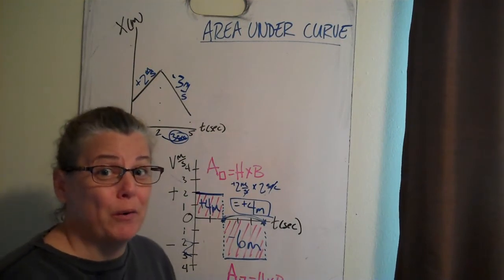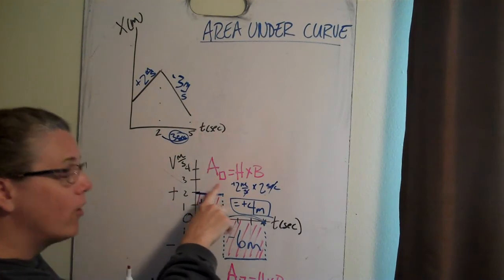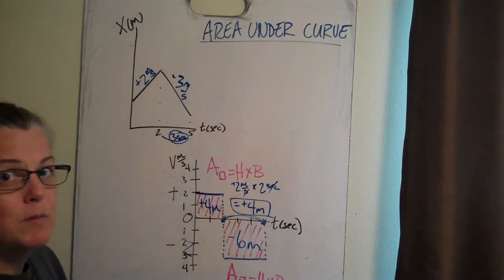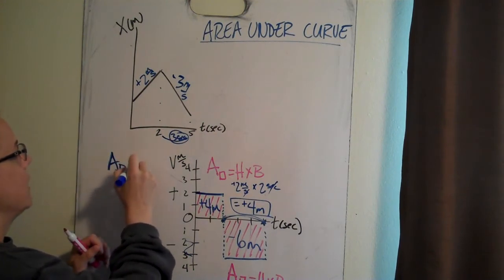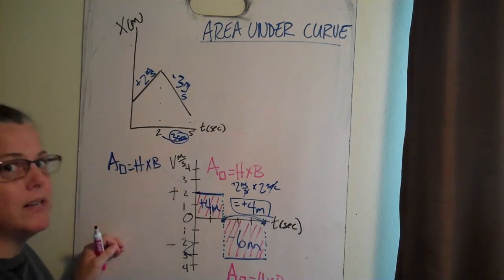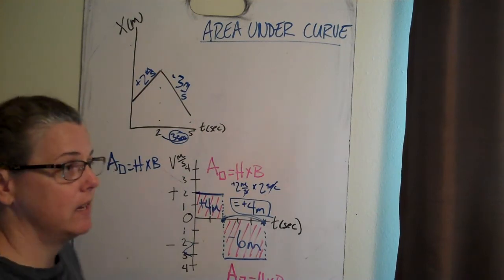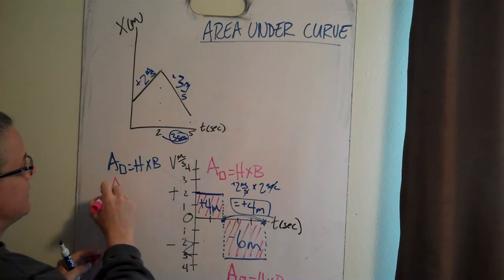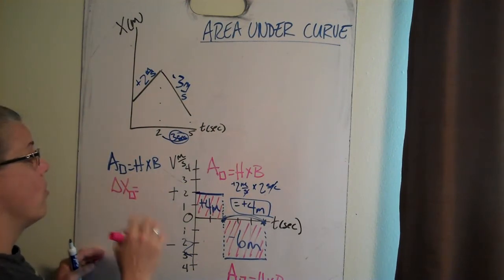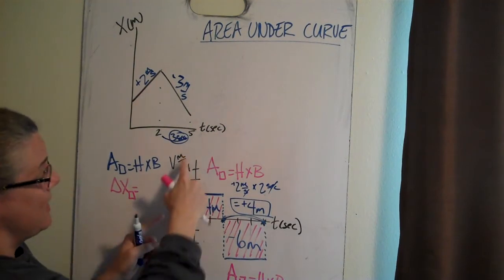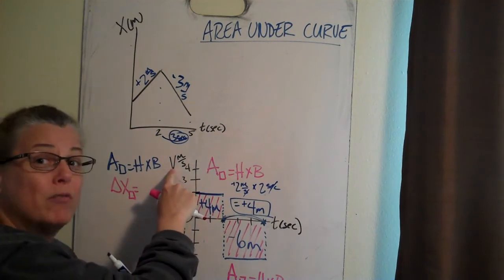But what I want to show you is that when we look at this area, we're saying height times base. We figured out that the area is actually the displacement. So I can replace this: the displacement of that rectangle is my height. Well, my y-axis, which is my height, has a name, and that would be velocity.